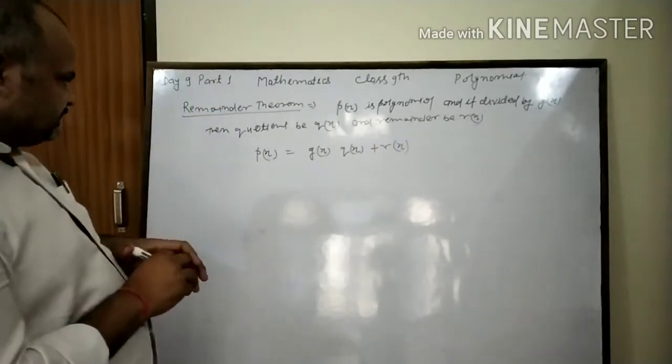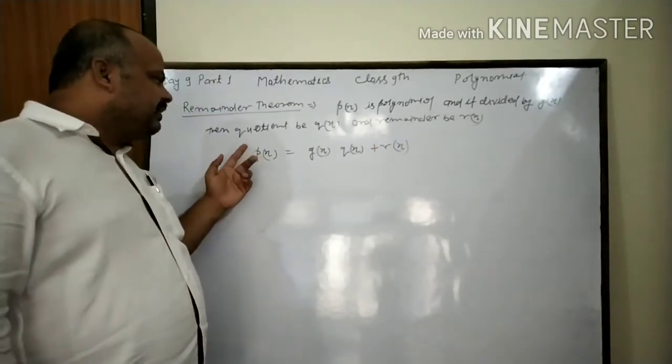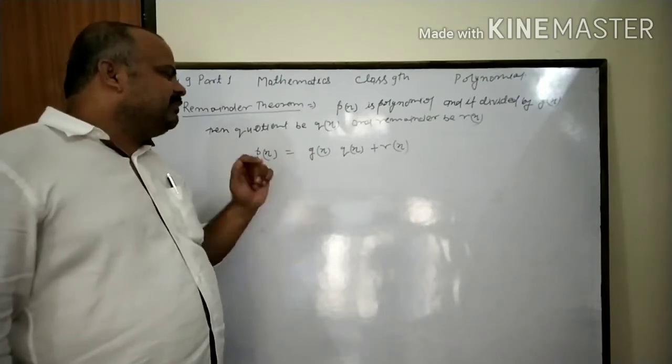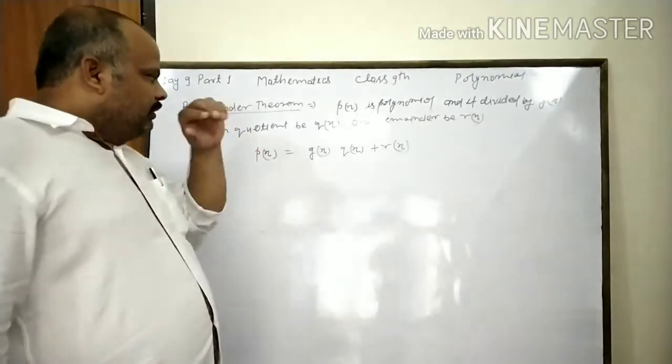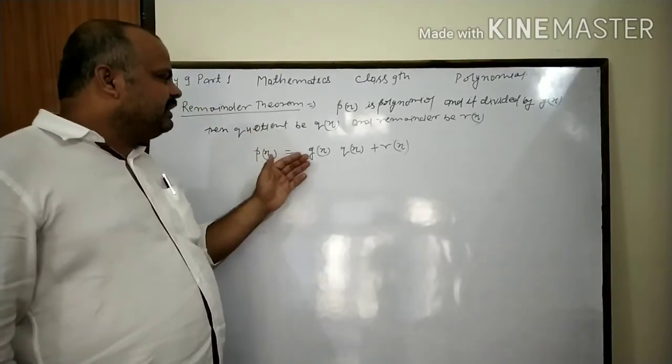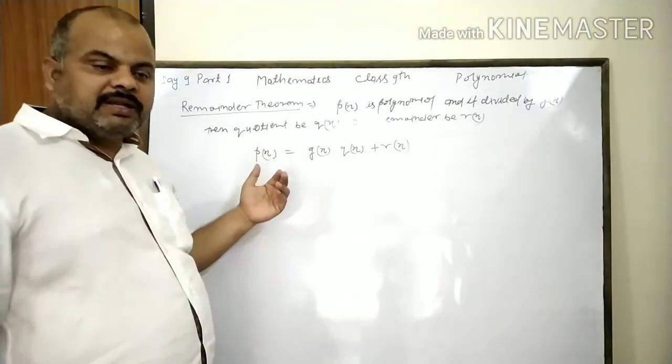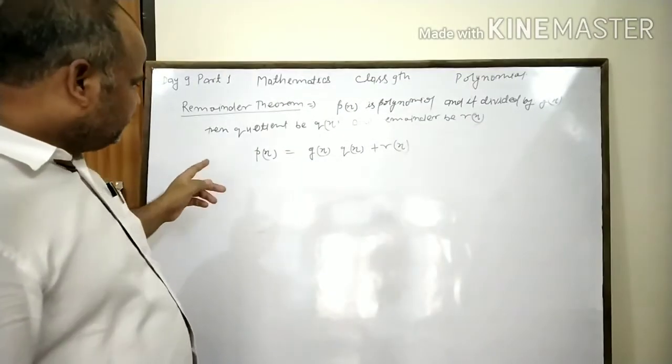Clear? Sometimes the degree of p(x) and the degree of g(x) are the same. It is possible that the degree of p(x) and the degree of g(x) are both the same. Clear?